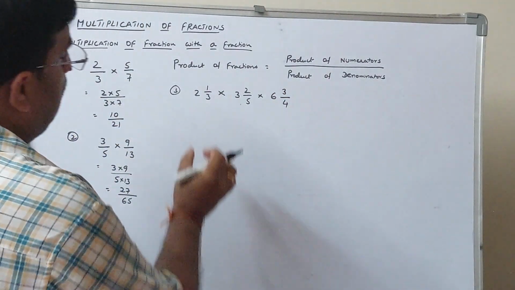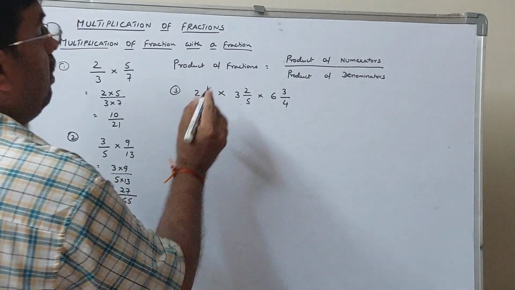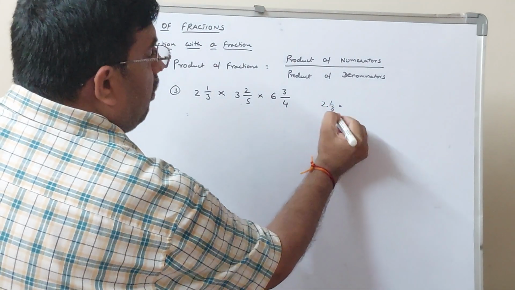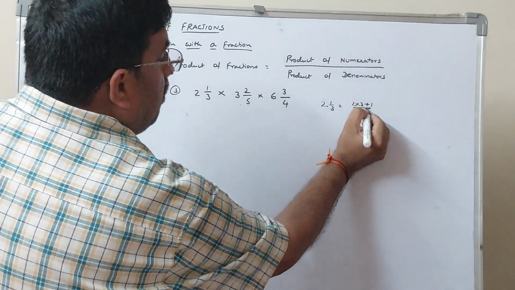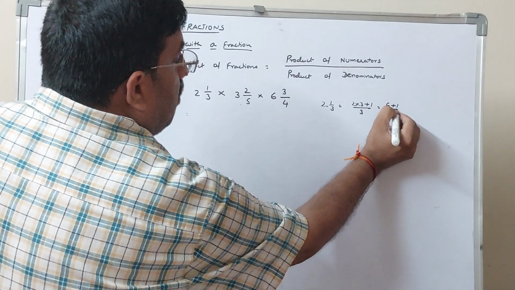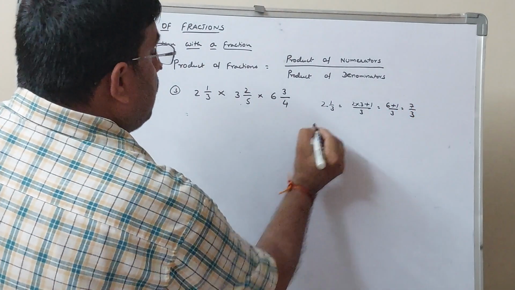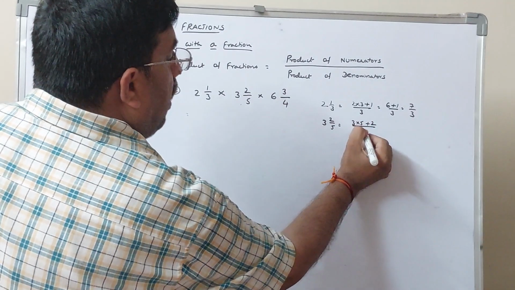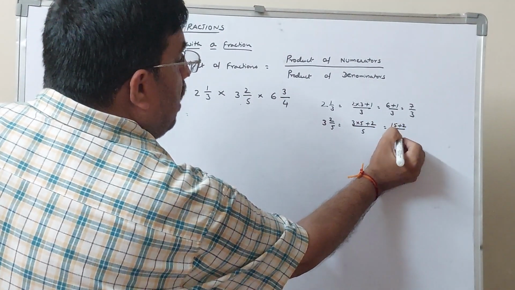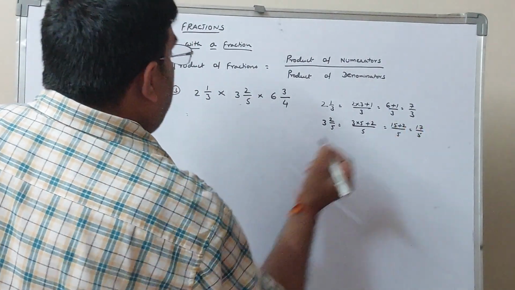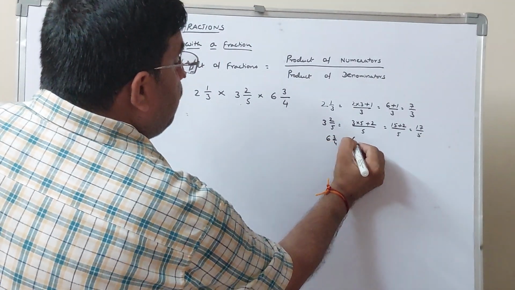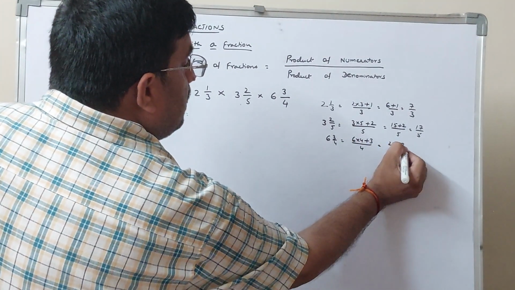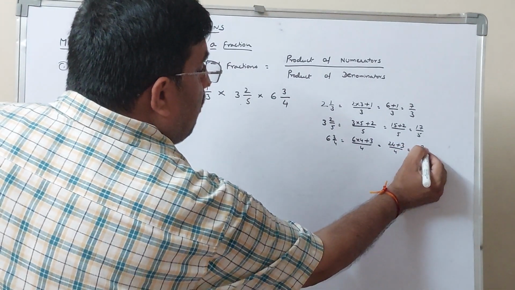What you will do is first convert these mixed fractions into improper fractions. 2 1 by 3 is 2 into 3 plus 1 by 3, which is 6 plus 1 by 3, equal to 7 by 3. 3 2 by 5 is 3 into 5 plus 2 by 5, 3 fives are 15 plus 2 by 5, equal to 17 by 5. 6 3 by 4 is 6 into 4 plus 3 by 4, 6 fours are 24 plus 3 by 4, equal to 27 by 4.